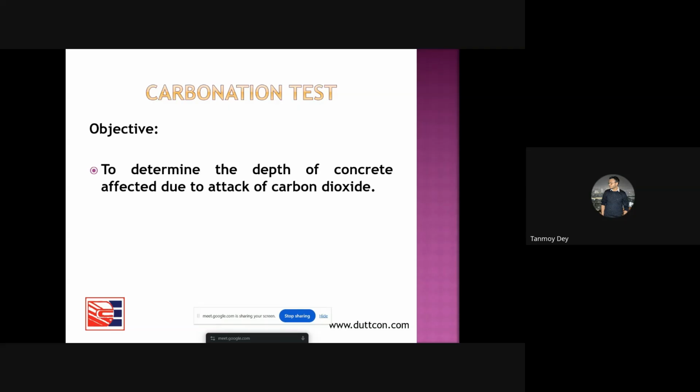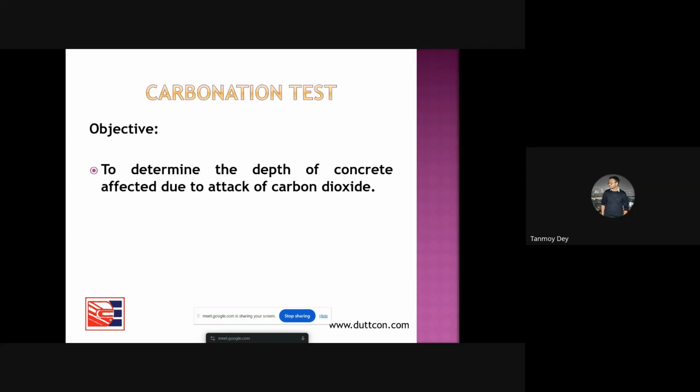The basicity of the lime is used as an adhering agent of the mortar. If the basicity is neutralized, the adhering capacity will be less. I think most of us have seen in older buildings, sand coming out.